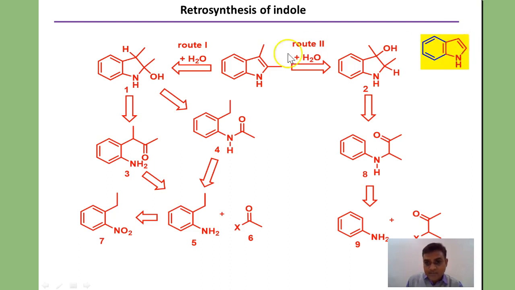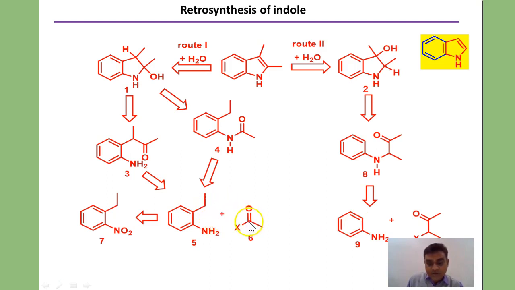This spiral nucleus can be prepared by the dehydration of these two alcohols 1 and 2, and if you do some retrosynthetic analysis of 1 and 2, then we reach monosubstrate benzene, that's aniline. It's a disubstrate benzene, that's a toluidine type of substrate. And once this aromatic substrate is decided, then we have to make an arrangement of appropriate substrates offering carbon atoms.